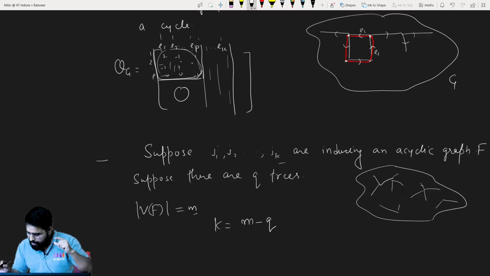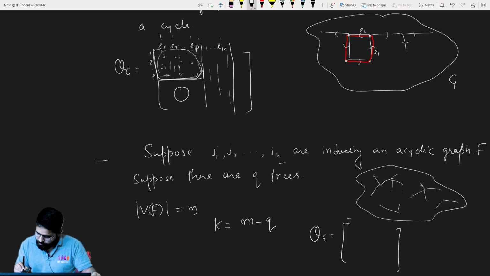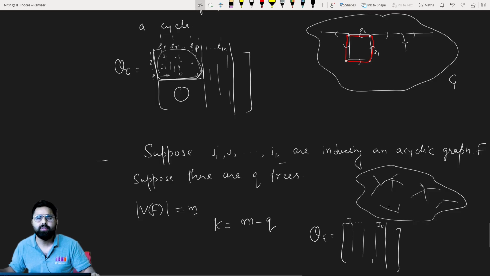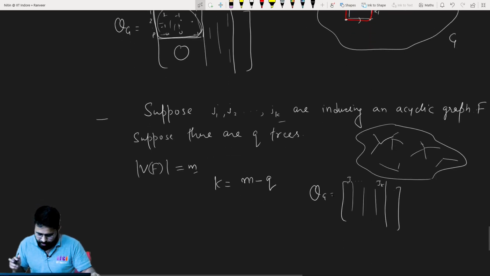Our aim is to prove that these column vectors up to JK form an independent set. Is it apparent from this part?